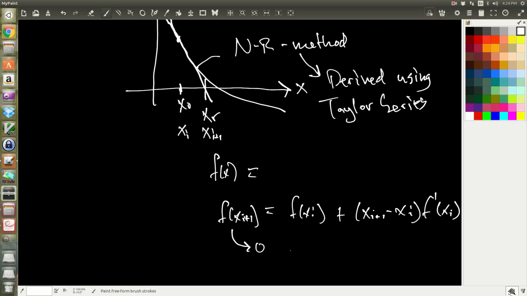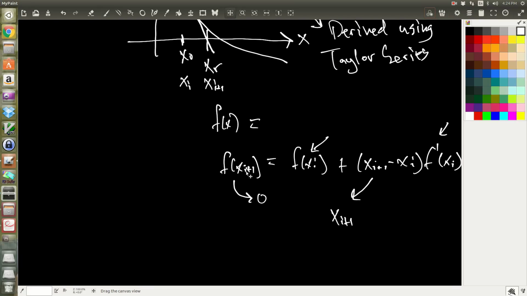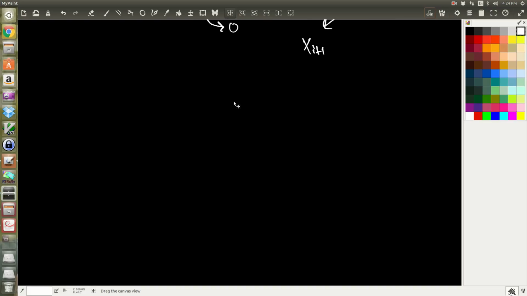We said let this be 0, and then we can solve for xi plus 1, in terms of f of xi and f prime at xi. So at our current guess. So in high dimensions, we're going to do the same thing. We're going to linearize, come up with a linear approximation.